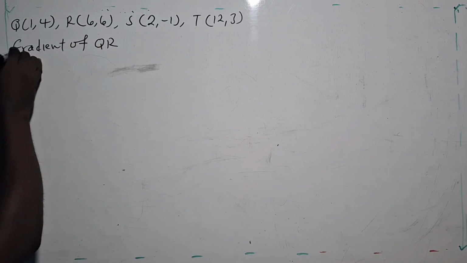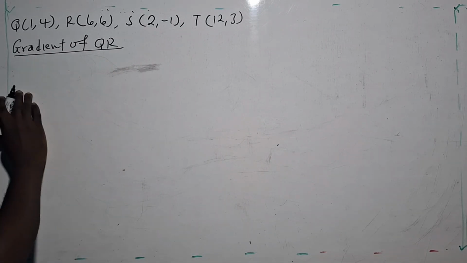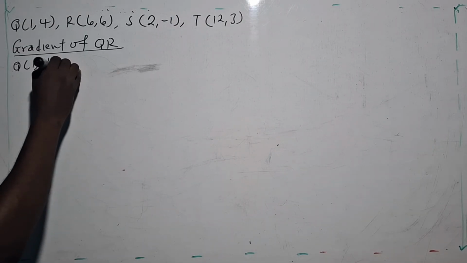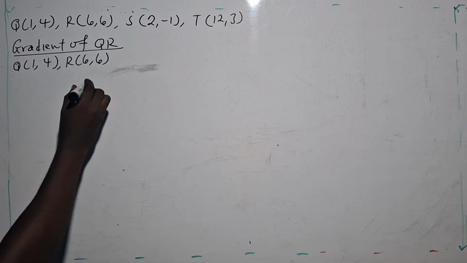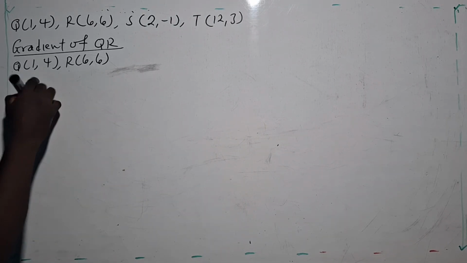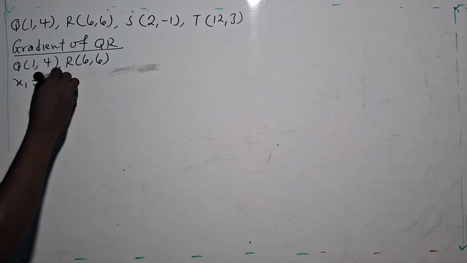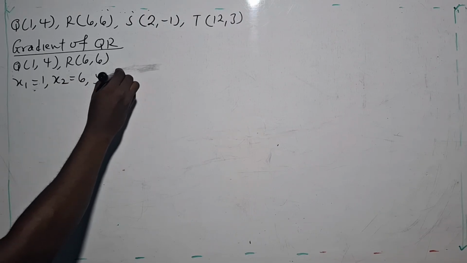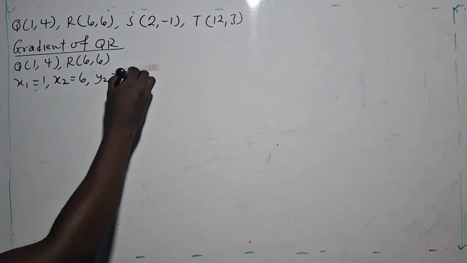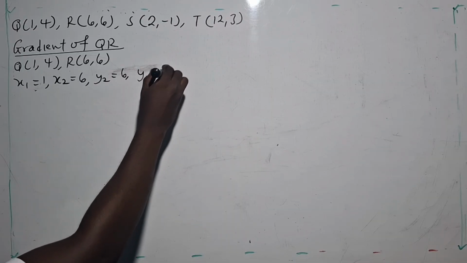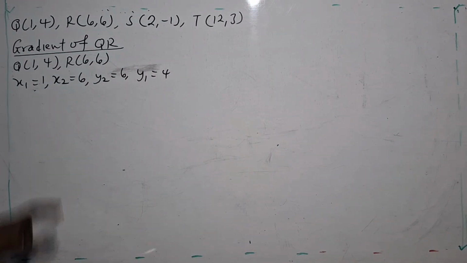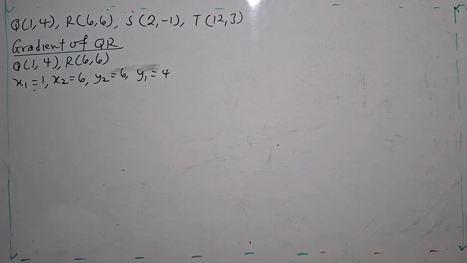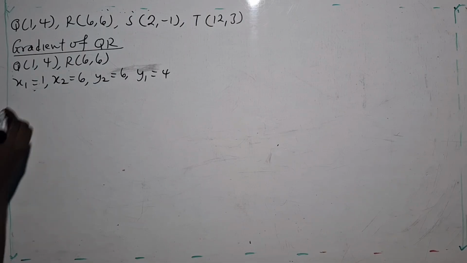So QR. So our Q is (1, 4), our R is (6, 6). So x1 is 1, x2 is 6, y2 is 6, then y1 is 4. I've interchanged the order, so don't be confused.